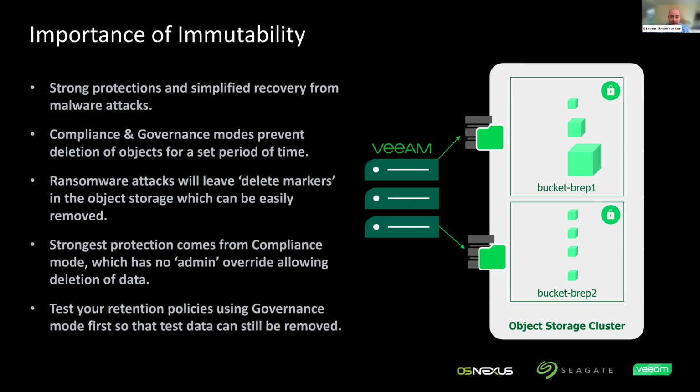You'll just get a delete marker if they try to delete the arbitrary object name, but trying to delete a specific version is disallowed. So you're protected against those ransomware attacks, because your data is frozen for some set period of time.